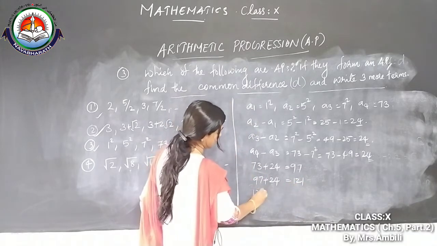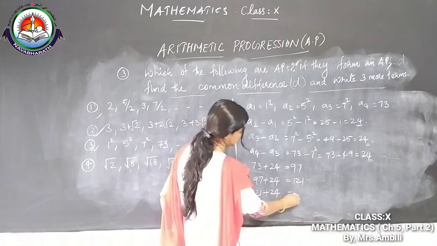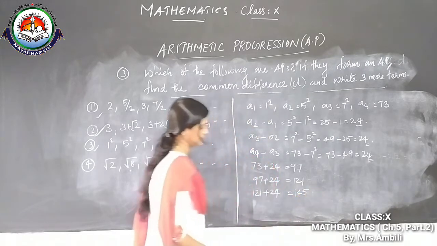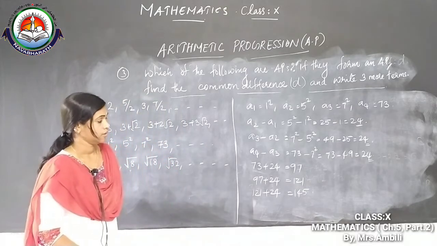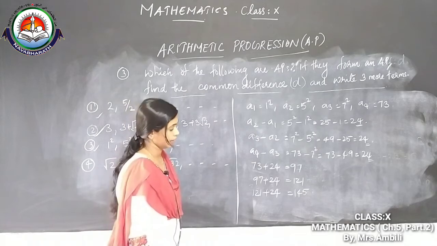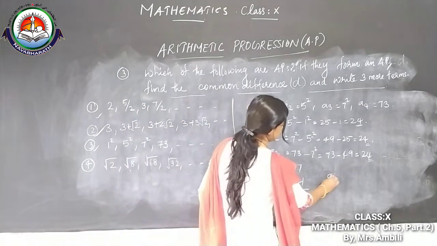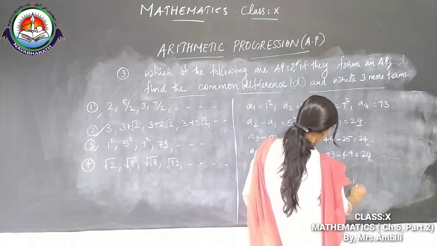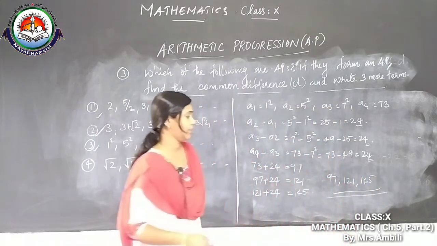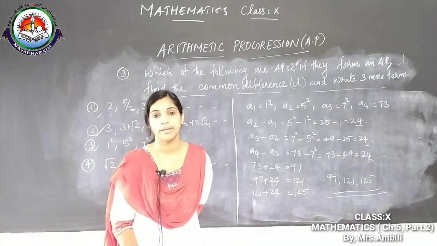Okay. 121 plus 24, 145. So, we got the 3 terms. Next 3 terms we got 97, 121, 145. Next 3 terms are 97, 121 and 145, etc.